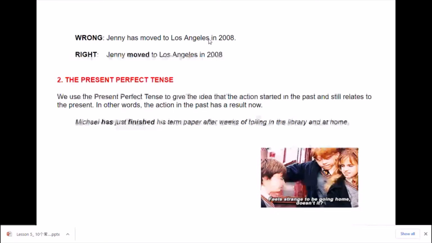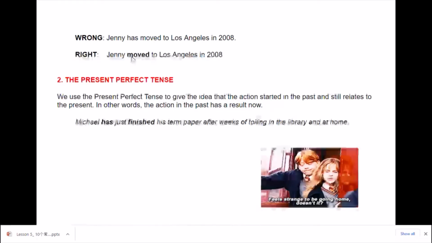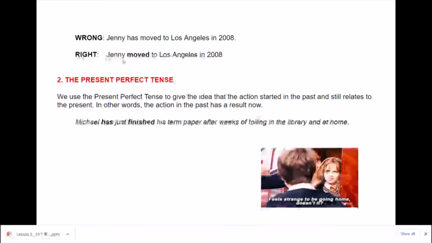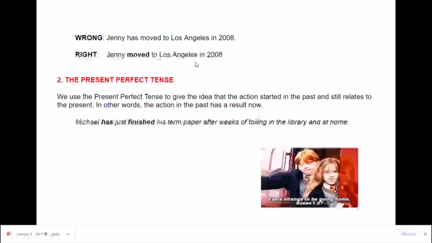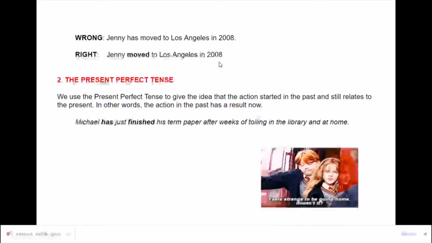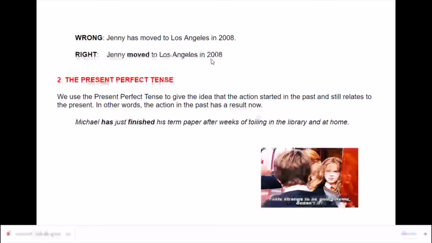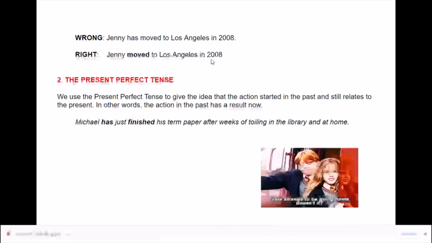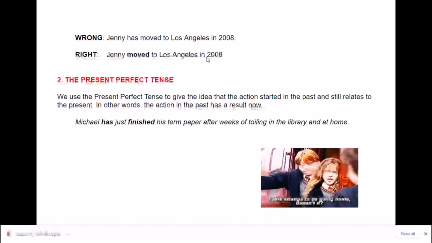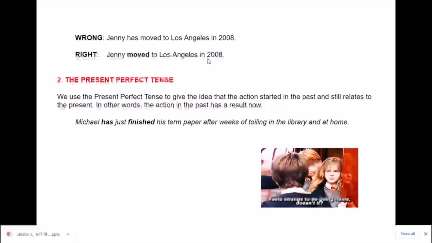So you have to use the simple past tense. So the right answer is Jenny moved to Los Angeles in 2008. So that's the simple past tense. Okay? To conclude, the simple past tense deals with the event or situation that began and ended in the past.